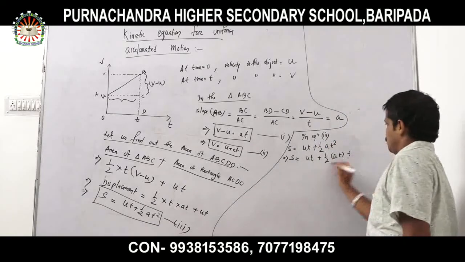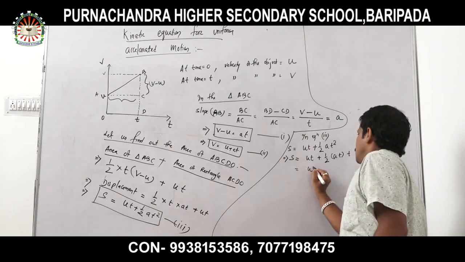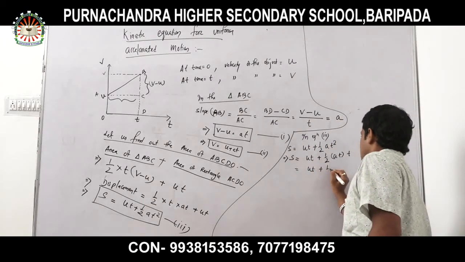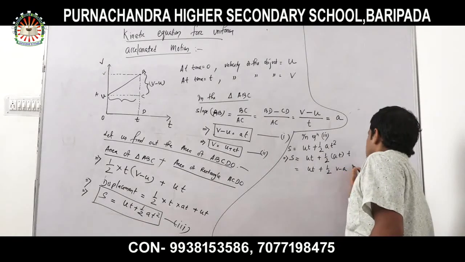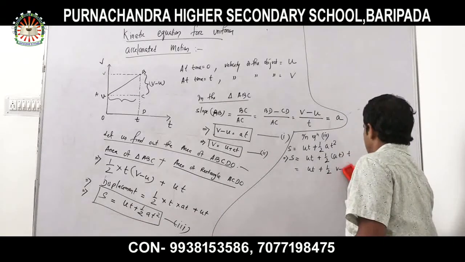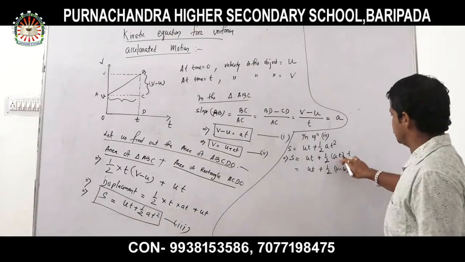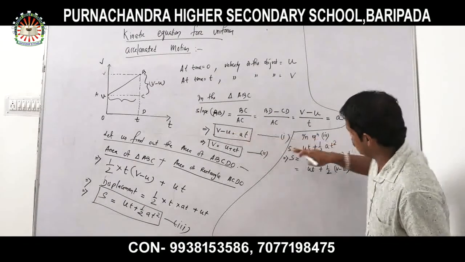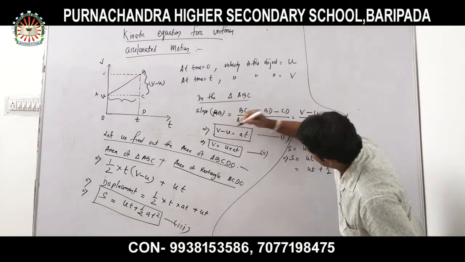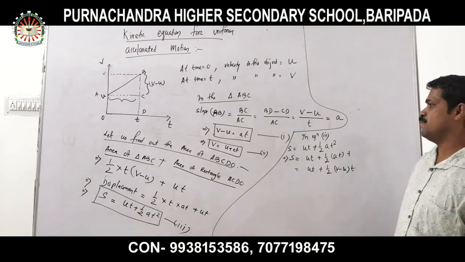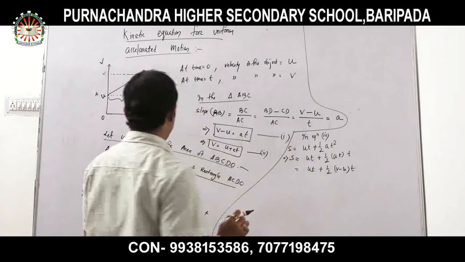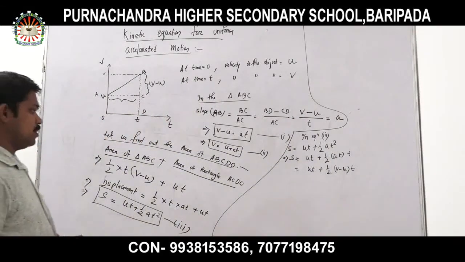So that is equal to UT plus half V minus U into T. Understood? In place of AT I have to put V minus U, from equation number 1. All of you clear?